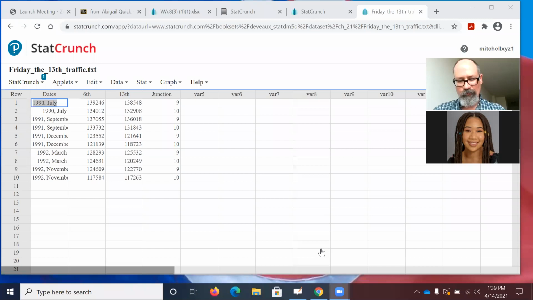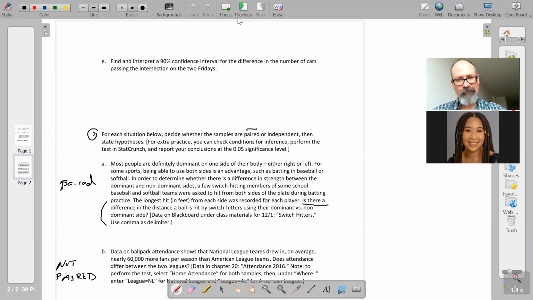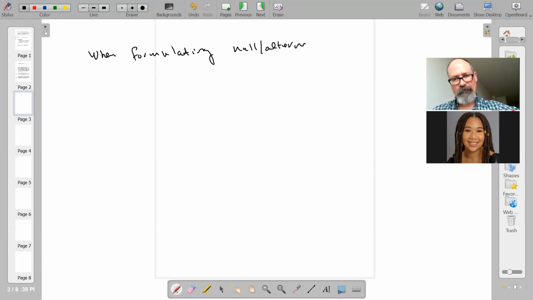Okay, welcome back. Let me go to this page right here. I'd like to write a couple of things down, just for the purposes of explaining the notation. When formulating the null and alternative hypotheses, this may come up in the problem.